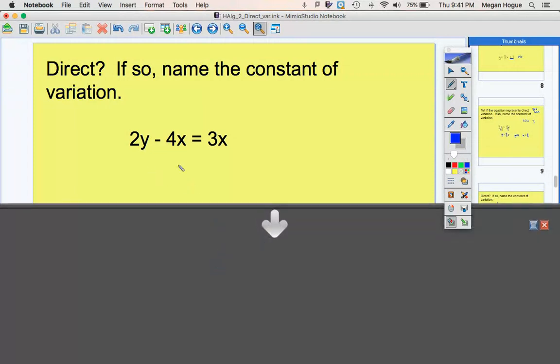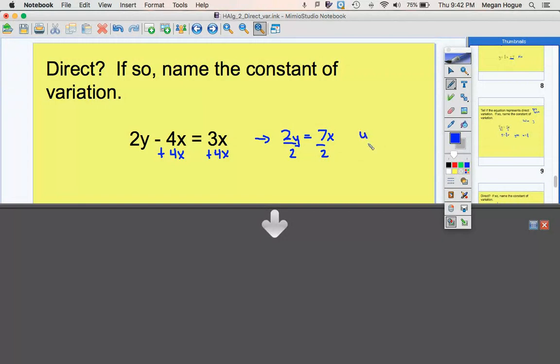All right, so this one, I've got 2y minus 4x equals 3x. Some of you maybe are starting to notice whether it's going to be direct or not before we start to solve. Some of us, it takes solving. So let's see. We want to get the x's together. So I'm going to add 4x. Let me go over here because I'm going to run out of room. So we're going to get 2y equals 7x. Divide by 2.